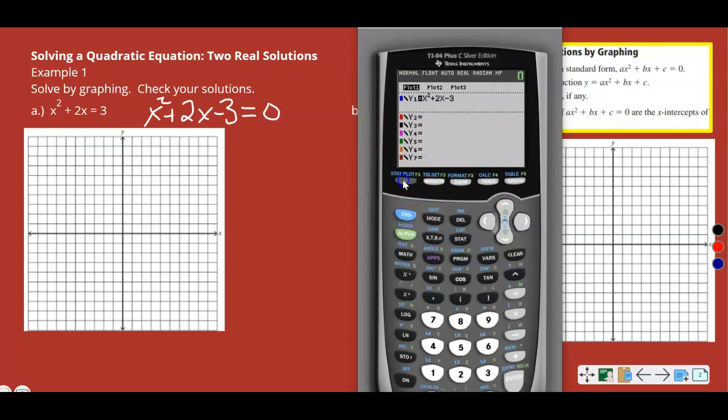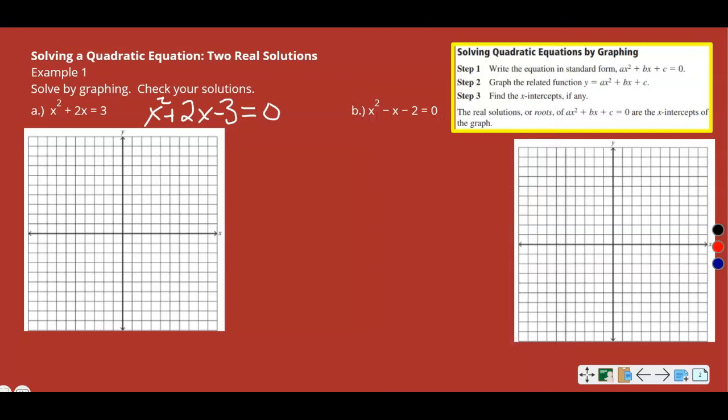The stat plot, the scatter plot must be points from my table from a previous example. So let's turn that off so that we're not seeing those points. We just want to see the equation that we're currently looking at. We can see that it goes through -3 and +1.